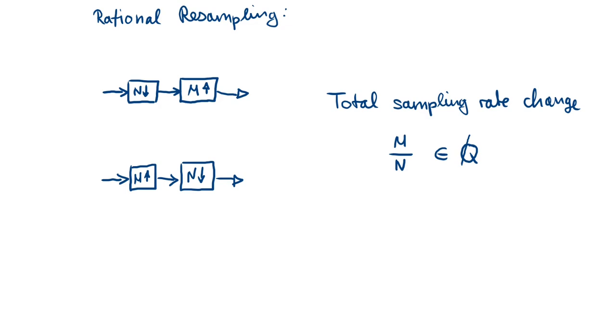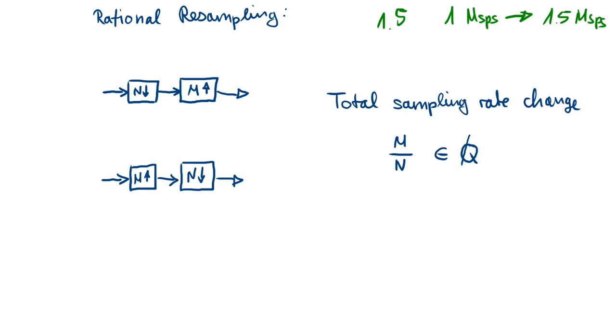But what if we want to change the sample rate, for example, by 1.5? So imagine that you have a sample frequency of 1 megasample, and you want to change this sample rate to 1.5 megasamples per second. So how can you achieve this?